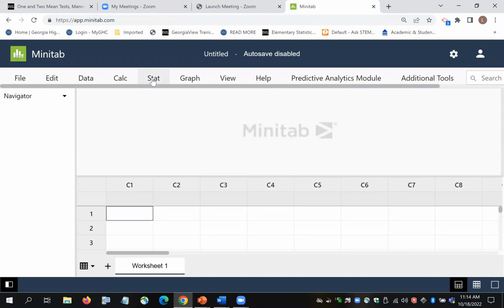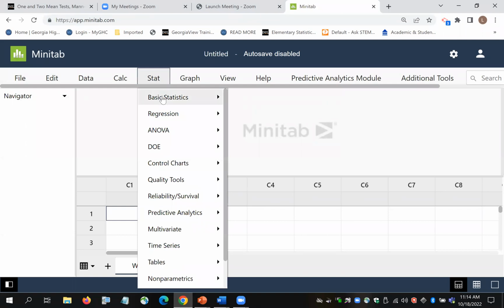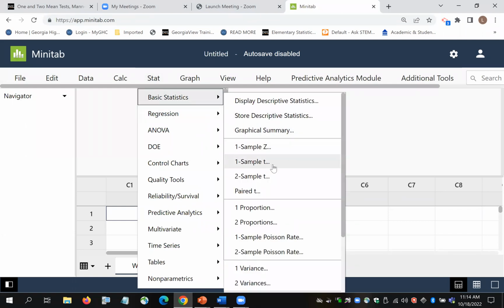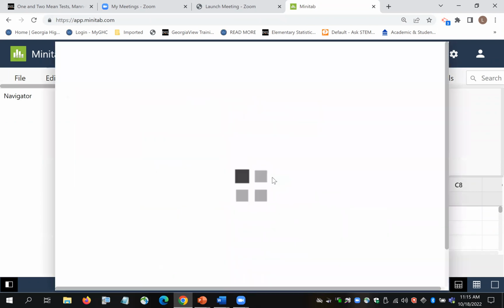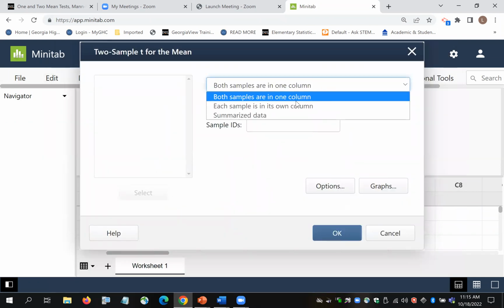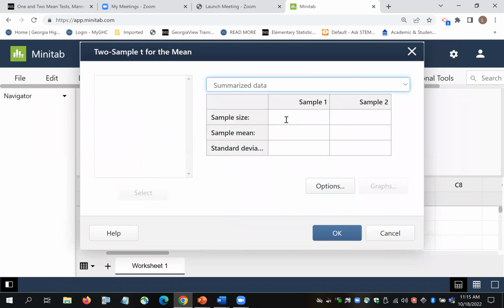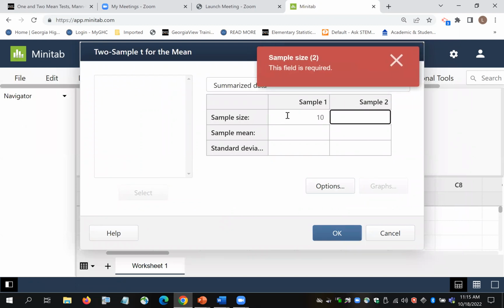Remember, we go to Stat, Basic Statistics, 2-sample t. We have the summarized data for sample 1, which was the IRS. There were 10 people. My sample mean for the IRS was 21. My standard deviation was 5.6. For sample 2, which was the volunteer, we had 14 people. Mean was 27 with a standard deviation of 4.3.